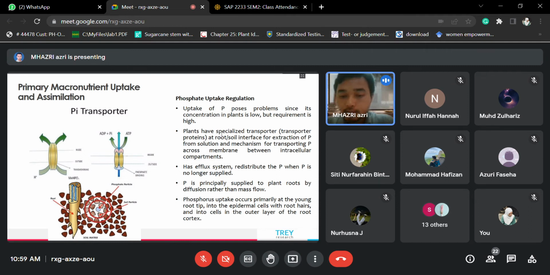So phosphorus is principally supplied to the plant root via diffusion rather than mass flow. Okay, so jangan keliru dengan this statement. Phosphorus is taken up from soil solution into root tissues by active transport. Okay, however, the movement of phosphorus from soil solution to the plant root vicinity is by mass flow ataupun by diffusion.